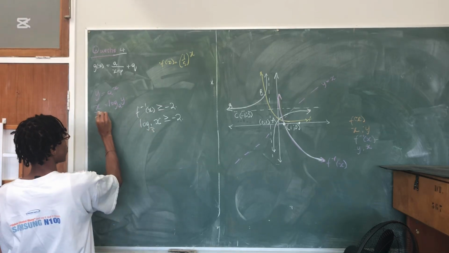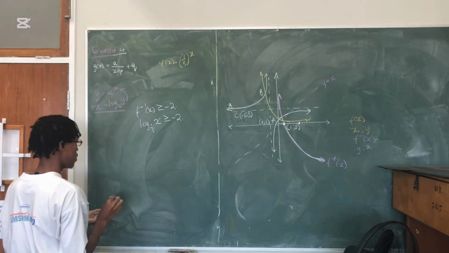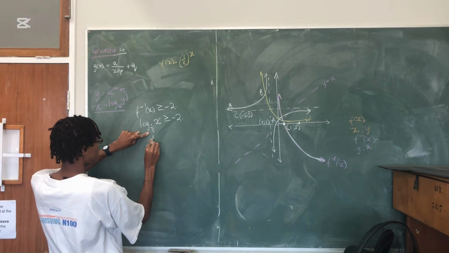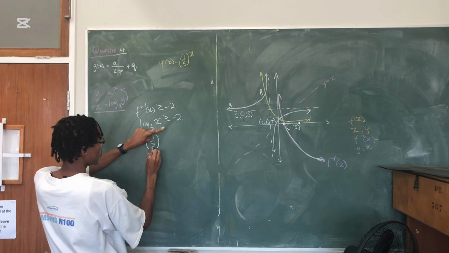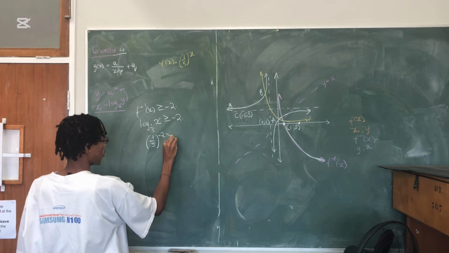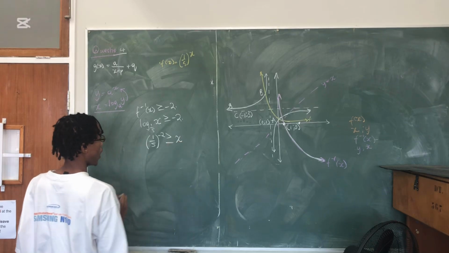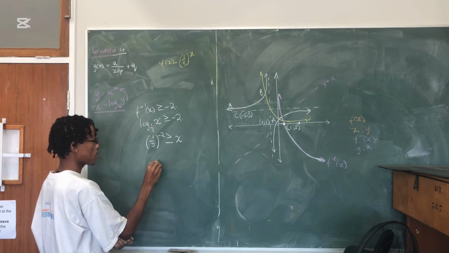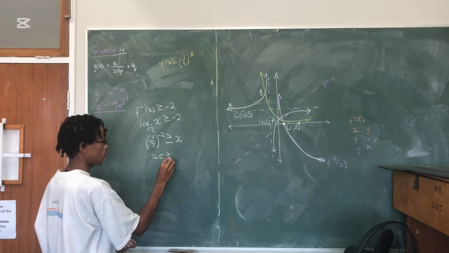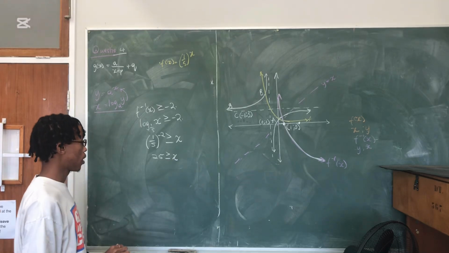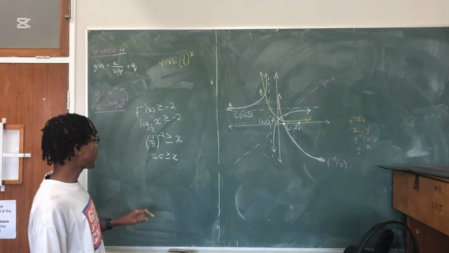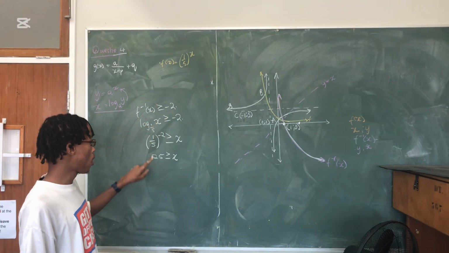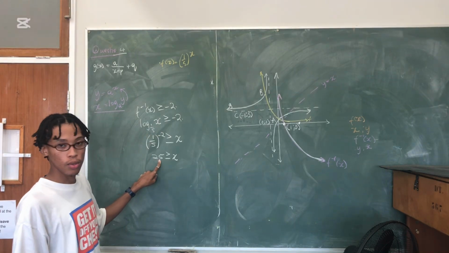Currently, we're at this point, we want to move to this side. So what we're going to do is say, take the base 1/5 to the power -2 greater or equal to x. This 1/5 to the power -2 is going to be 25. So we found that values of x that will allow the inverse function to be greater or equal to -2 are values that are less than or equal to 25.